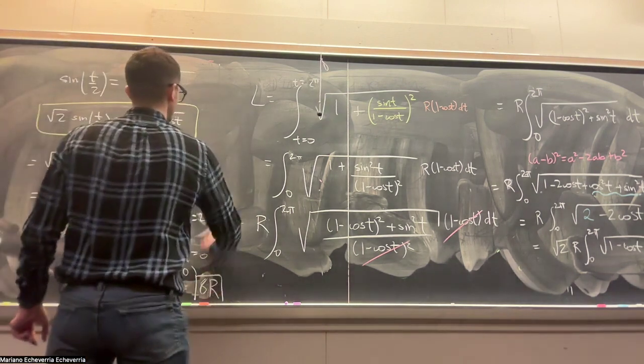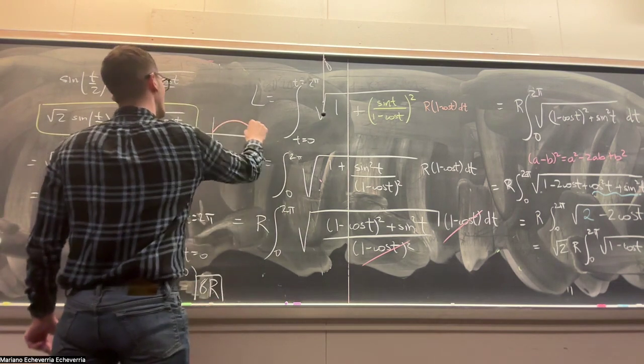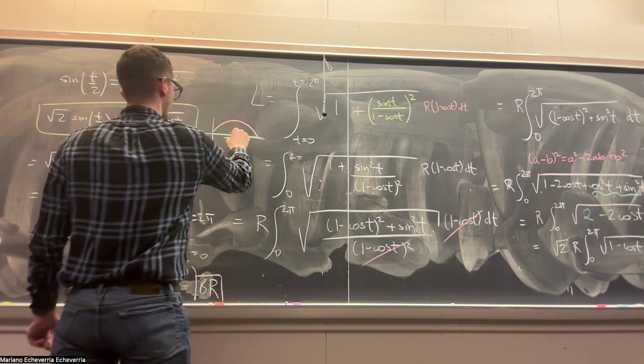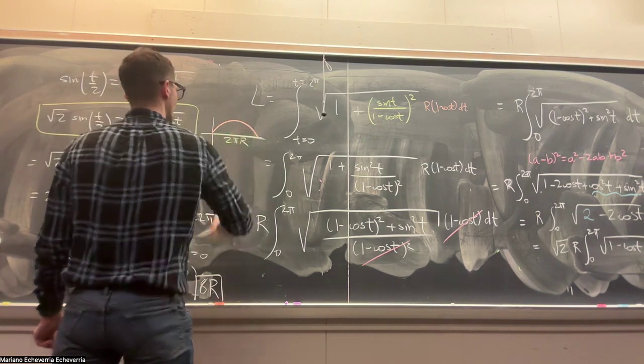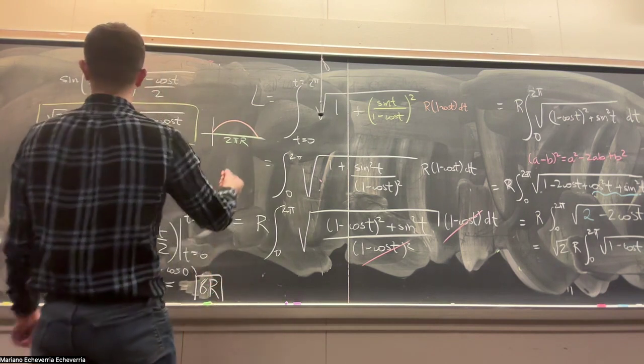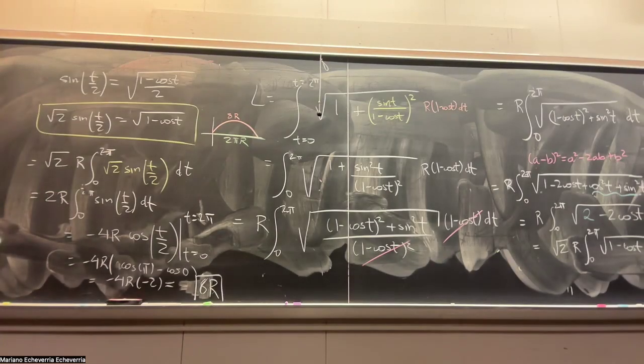The cute thing that this says is that when the wheel has made a full revolution, the point of the wheel has traveled 8 times the radius. I don't know if there's a pi missing, so I have to check that, but I think it's fine.